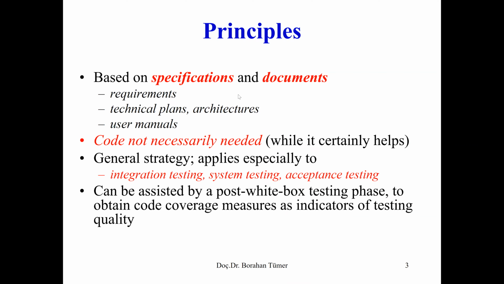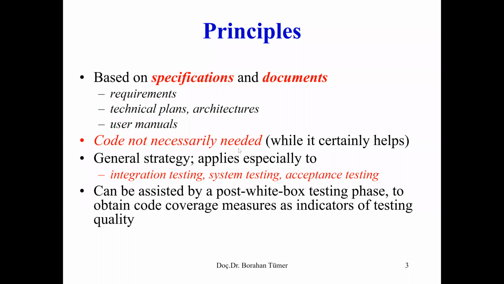What are the principles of the functionality testing or black box testing? As I said in the previous slide, it is based upon, or it is referenced by, the specifications and documents. So requirements, technical plans and architectures, user manuals, design documents, etc. The code is not necessarily needed.